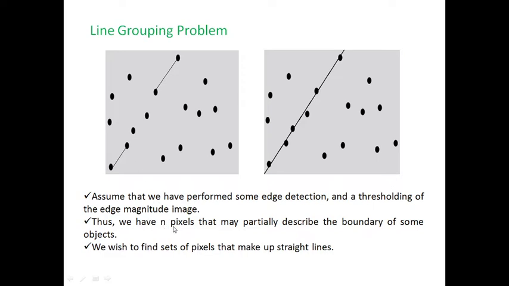That means we have n pixels that may partially describe the boundary of some object, because if I join these pixels, they can act as a fencing or boundary for this region, and for this region. So we are going to find the set of pixels that make up a straight line.